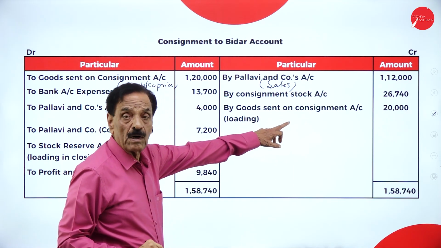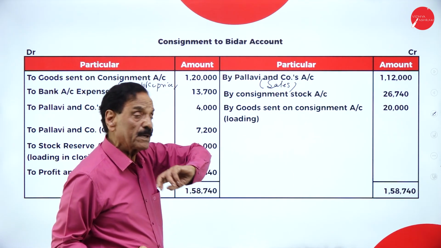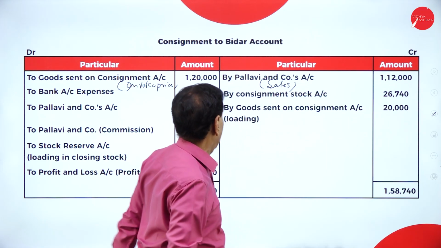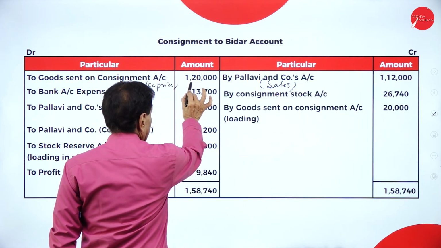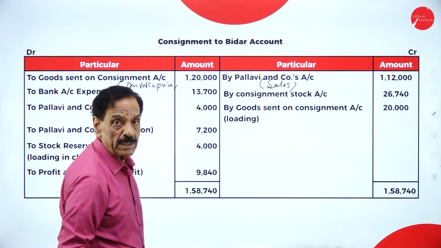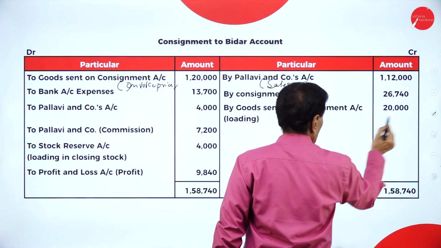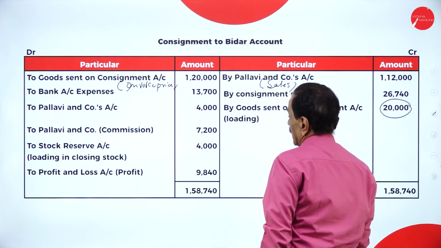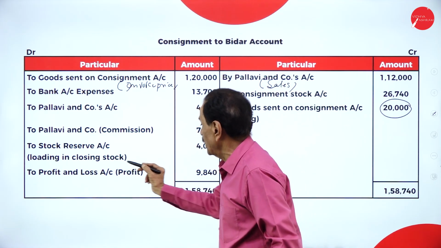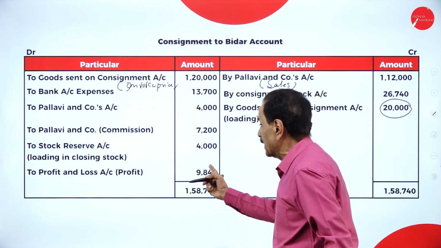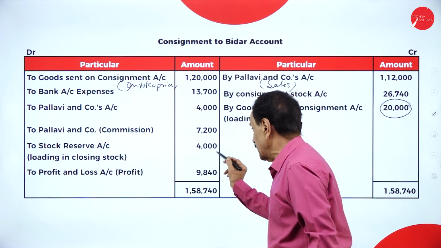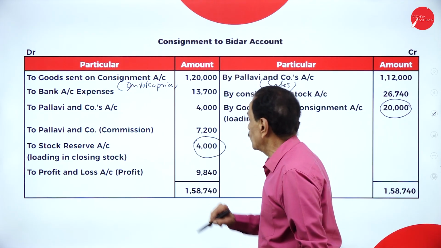By consignment stock account, the closing stock as per working note is 26,740. Actual cost is 1 lakh, but it is sent at 1,20,000. How much more? 20,000 is called the stock reserve or loading, we say. Then here, stock reserve on the closing stock, we already calculated 4,000, 20 by 100, on closing stock.